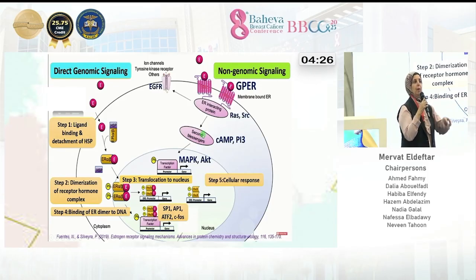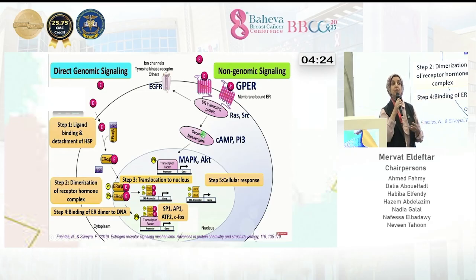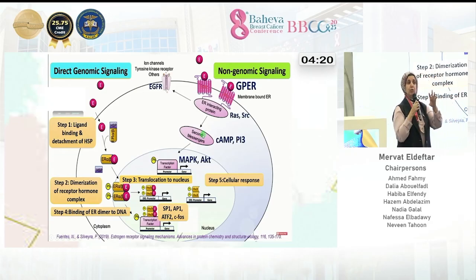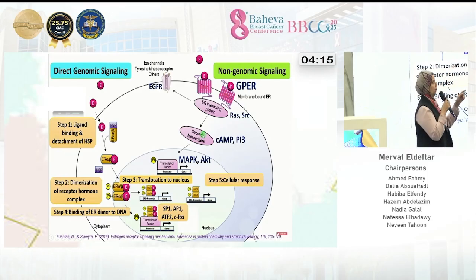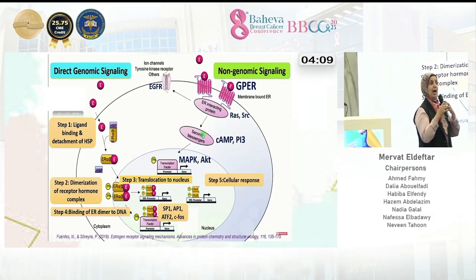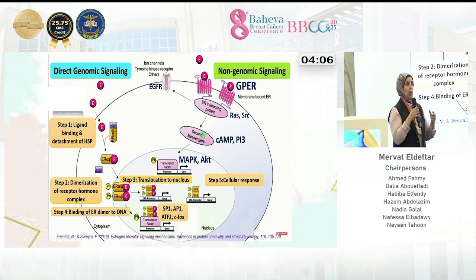The estrogen receptor will bind to the nucleus and act as a transcription factor. However, scientists found that estrogen also interacts with other signaling pathways, which are the PI3K-AKT-mTOR pathway and the HER2 pathway. There is cross talk between these signaling pathways.